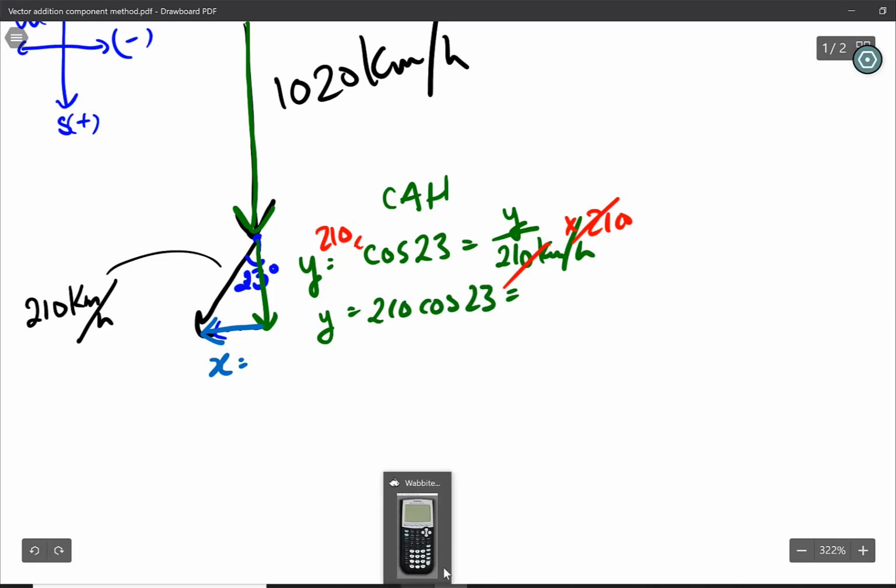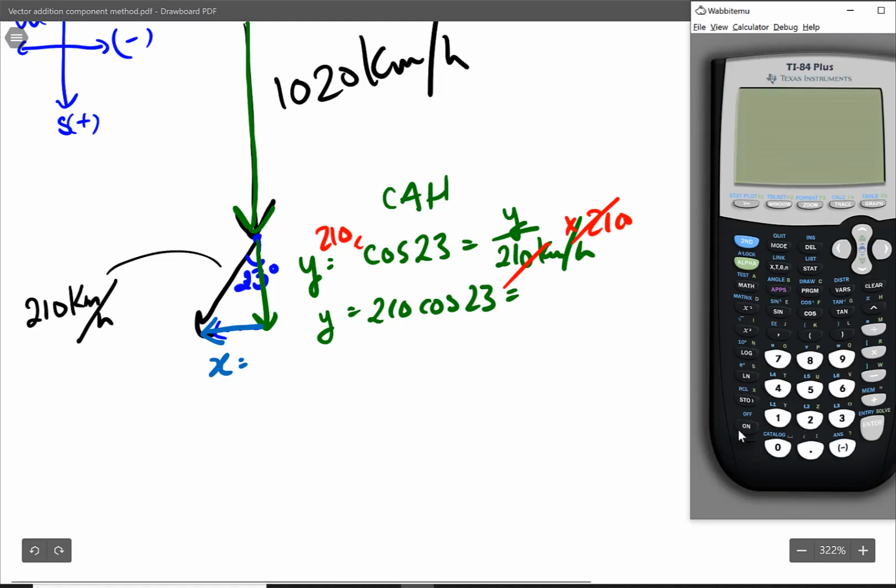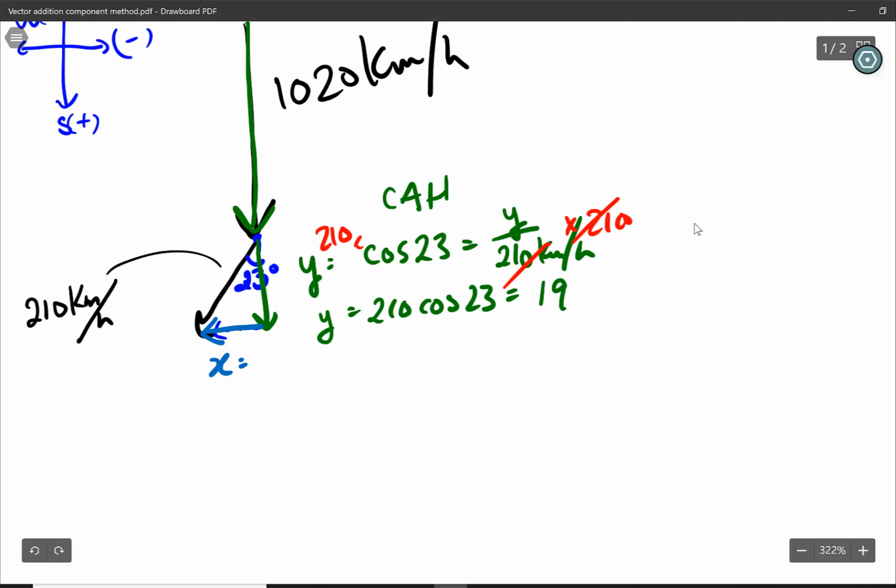We put it in our calculator. 210 cosine 23, bam, 193.3 kilometers per hour, and I'm going to label this south.